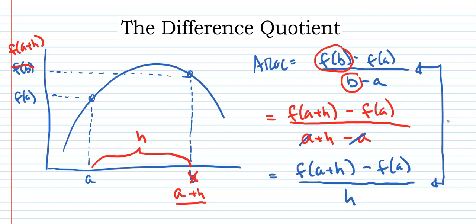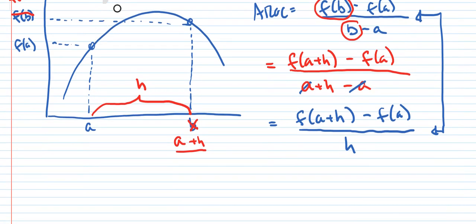And this formula, which is just a slightly different version of the average rate of change formula, is a very, very important formula, and we give it a special name. And that name is the difference quotient. Okay? This is what we refer to as the difference quotient.